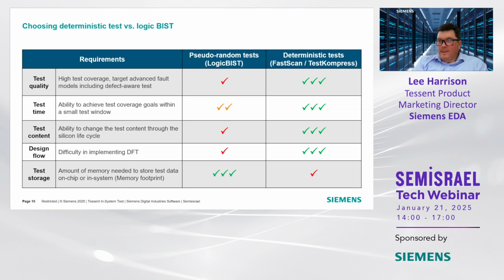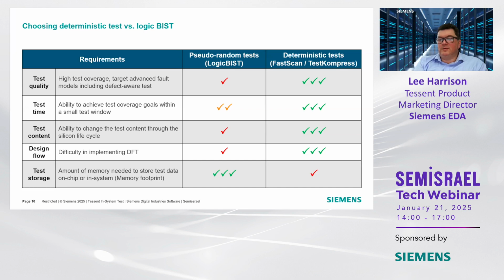So if we compare logic BIST to the ability to run deterministic in-system test, test quality for sure is going to be a lot higher when we're running deterministic test in system, because we're able to use the same ATPG patterns that you use for manufacturing. So the test pattern quality is going to be a lot higher than what you would typically get with logic BIST.